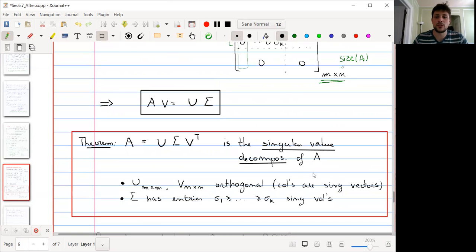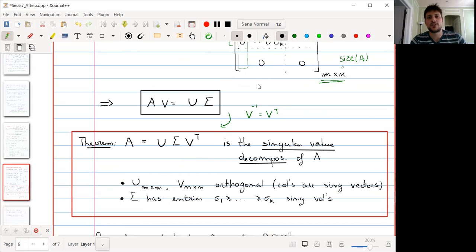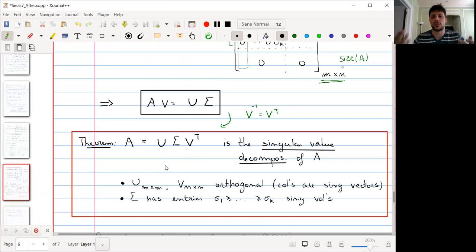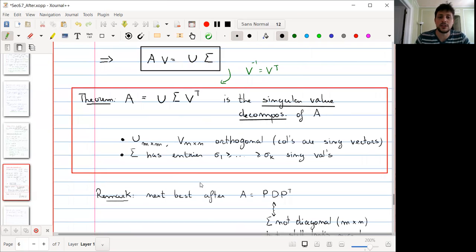This is the content of the singular value decomposition. Remember that, to go from one expression to the other, you want to remember that V is an orthogonal matrix, so V inverse is equal to V transpose. The singular value decomposition tells me that A can be written as U times sigma times V transpose, where the matrices are given as we described above. U and V are orthogonal matrices of singular vectors, and sigma is a matrix of singular values.